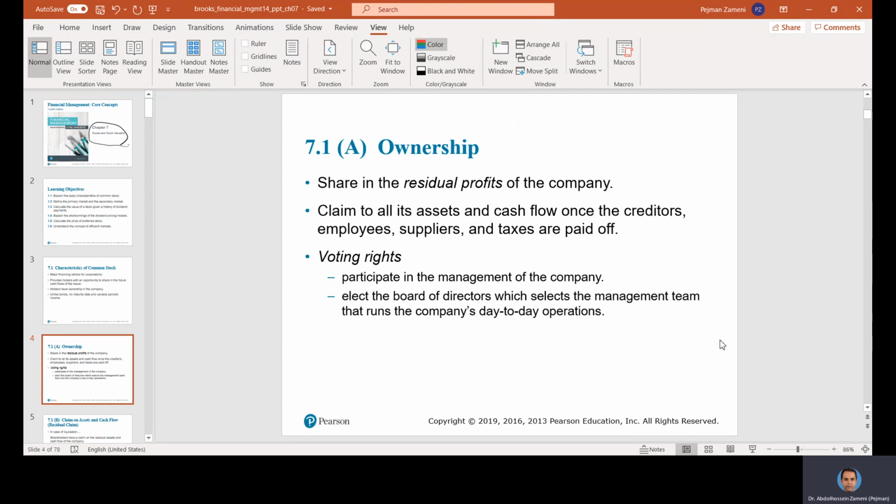It means that shareholders elect the board of directors at the AGM, the annual general meeting, and the board of directors elects the CEO of the company, selecting the management team that runs the company's day-to-day operations.